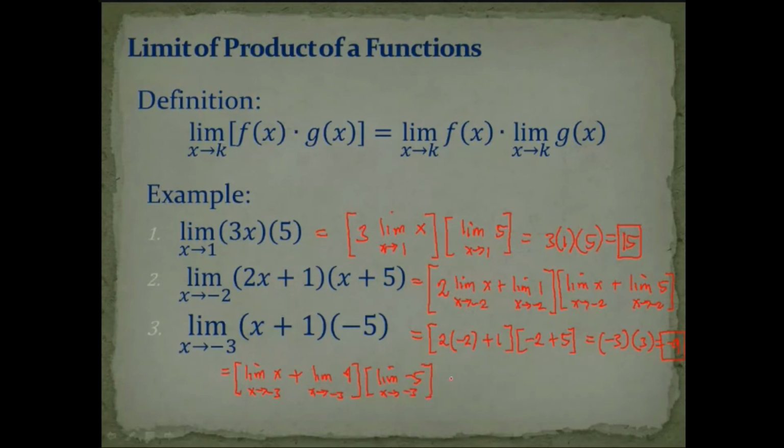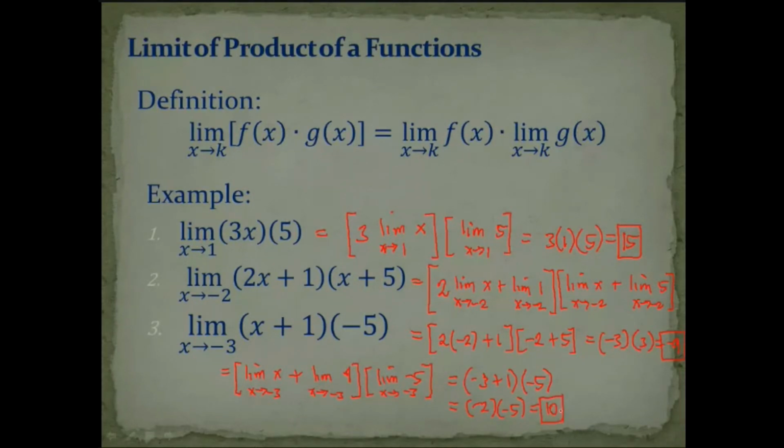Ito yung magiging theorem number 2, ang sagot ay negative 3. Ito naman theorem number 1, ang sagot doon ay 1. Ito naman theorem number 1, so ang sagot doon ay negative 5. Okay, simplify. Negative 3 plus 1, that's negative 2. Copy yung negative 5, then multiply negative 2 times negative 5, that's 10.